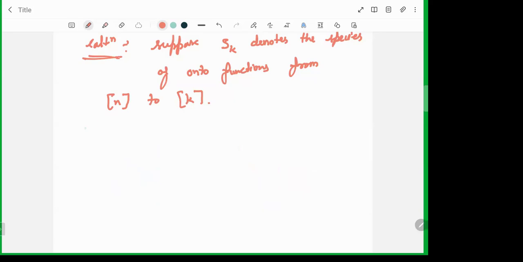Let E plus denote the species of non-empty sets.